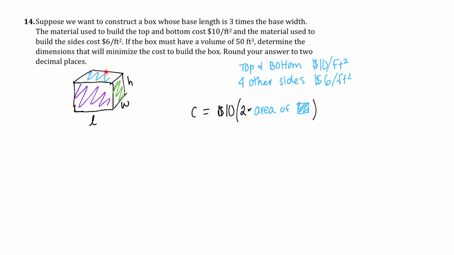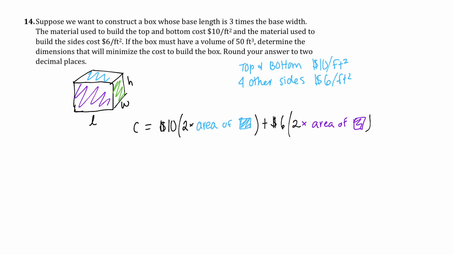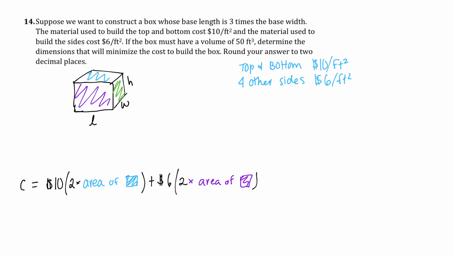Plus, the next one is $6. You have 2 purple sides, so you want 2 times the area of the purple.